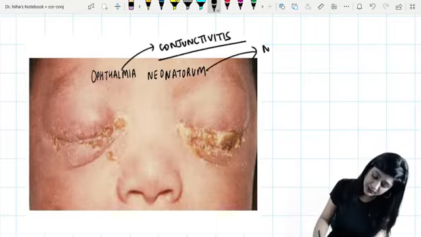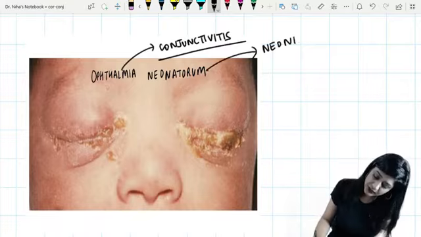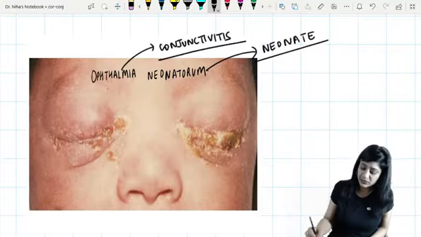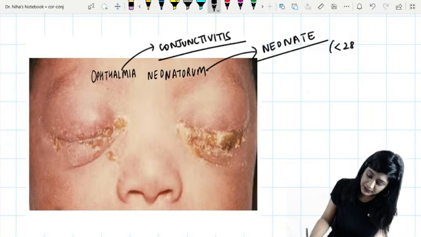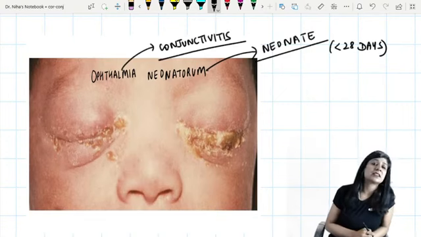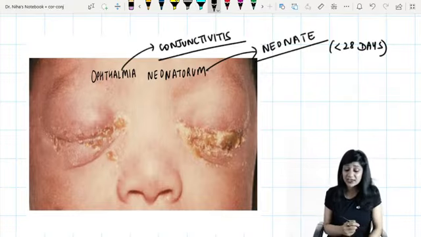Neonatorum means it is in the neonate. If you are having conjunctivitis in a neonate, less than 28 days, then this is called Ophthalmia neonatorum.